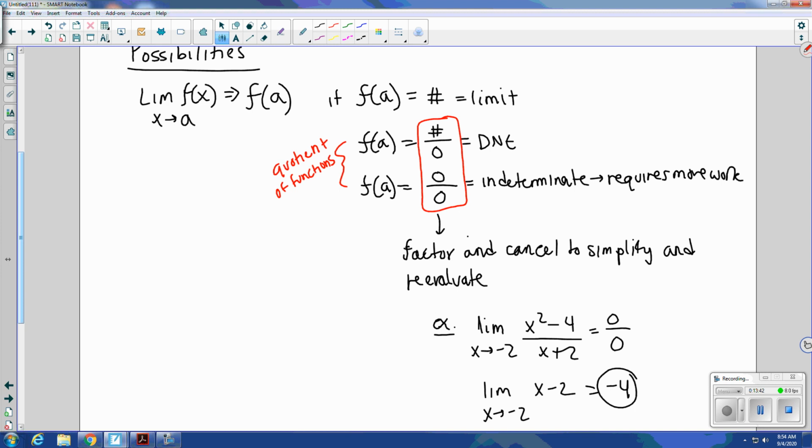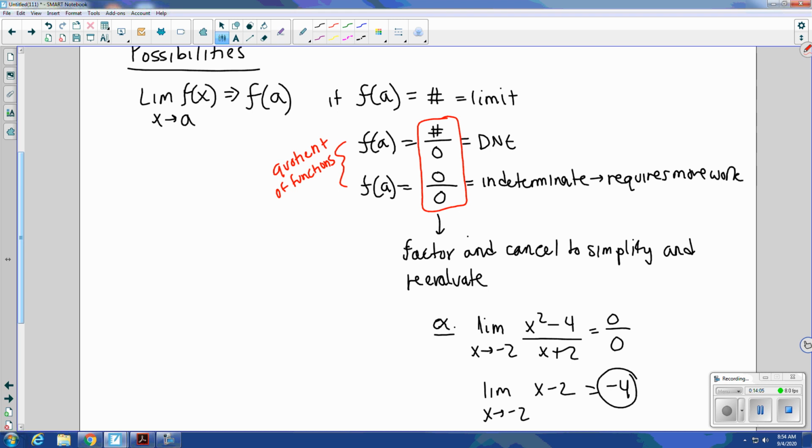But for now, just know if you get a number over 0, the limit does not exist. 0 over 0 is not a valid answer, and you're going to have to do more work. With what we have available to us right now, usually when we have rational expressions, what you're going to do is make factorizations and cancellations so you can simplify the expression and then reevaluate.